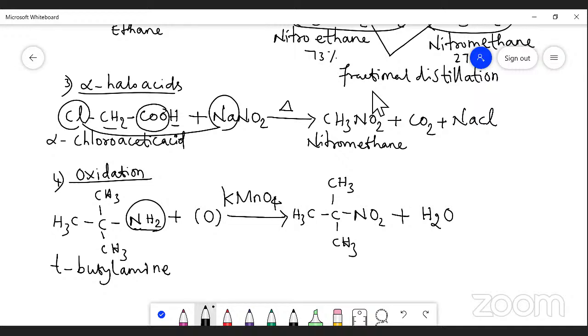So we know that when we take the longest carbon chain, 1, 2, 3. Second position, 1 methyl group. Second position, 1 nitro group.